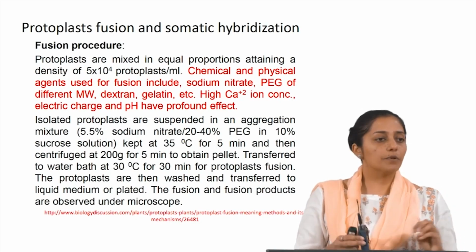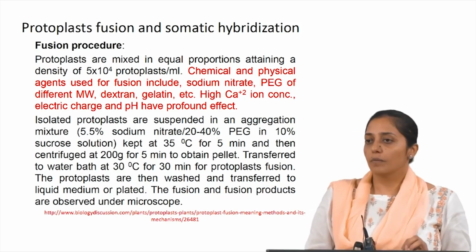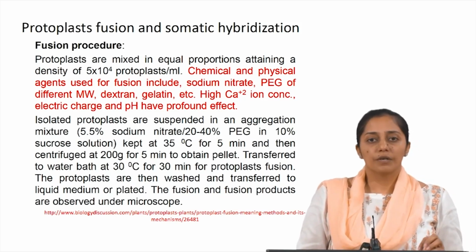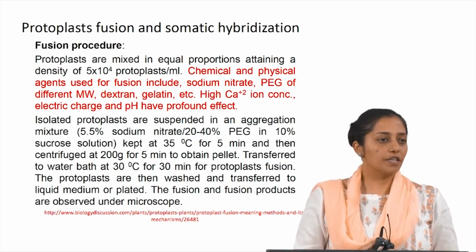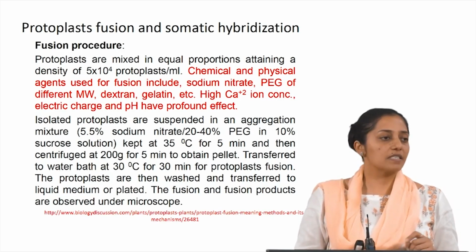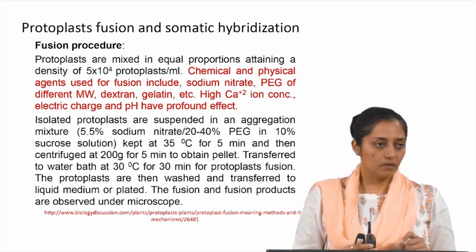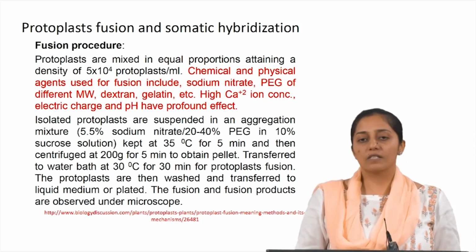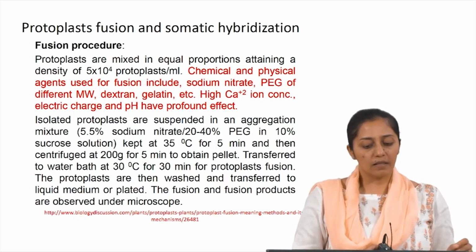This is one of the protocols used for protoplast fusion, in which you use high calcium ion concentration, electric charge, and the pH is also changed because it is said to have a profound effect on the fusion of these protoplasts.